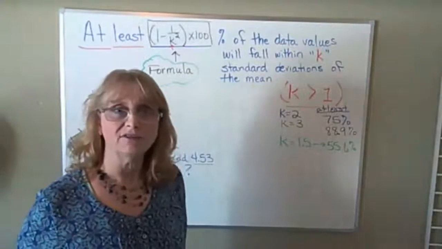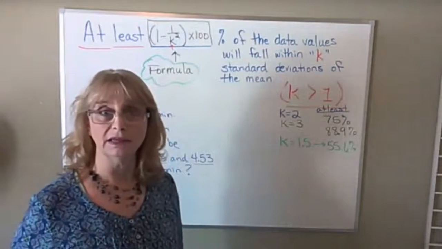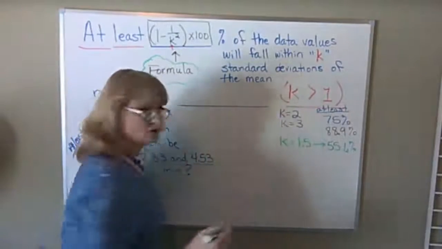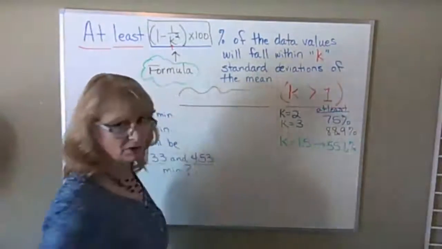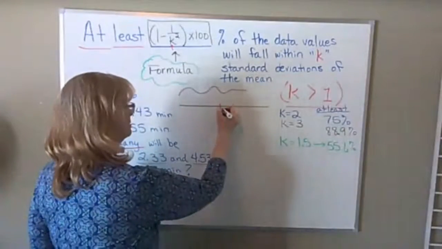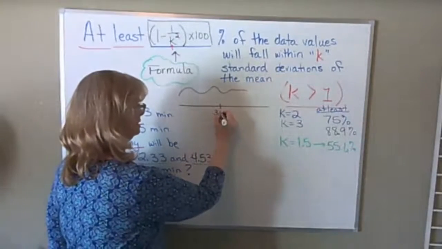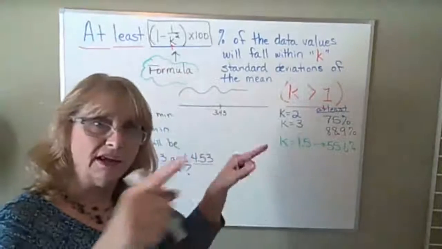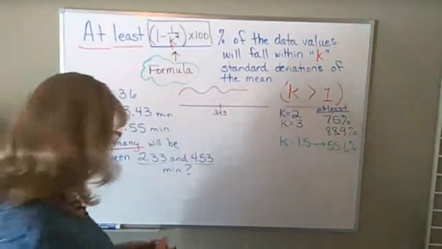So somehow I've got to figure out how far those numbers are from the mean. So I'm going to draw a number line. I'm not going to draw a bell-shaped distribution because I don't know what the distribution is shaped like. They didn't tell me that. But I do know if I put the mean here in the middle, which was 3.43, I can add and subtract a standard deviation on either side, like we did with the empirical rule.